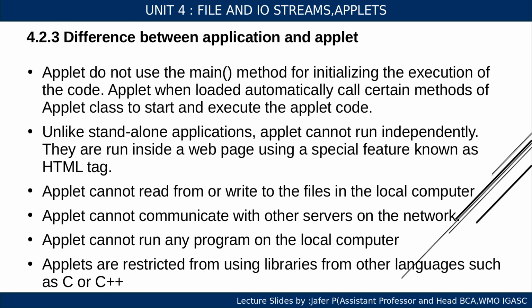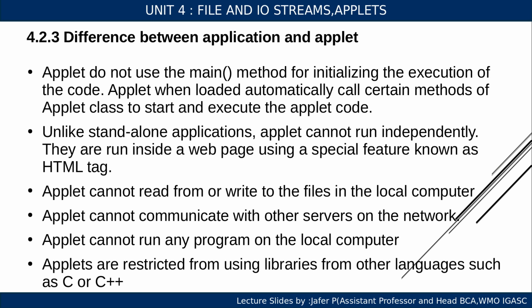The third difference is, an applet cannot read from or write to the file in the local computer. The fourth point is, an applet cannot communicate with other servers on the network. The fifth point is, an applet cannot run any program on the local computer.